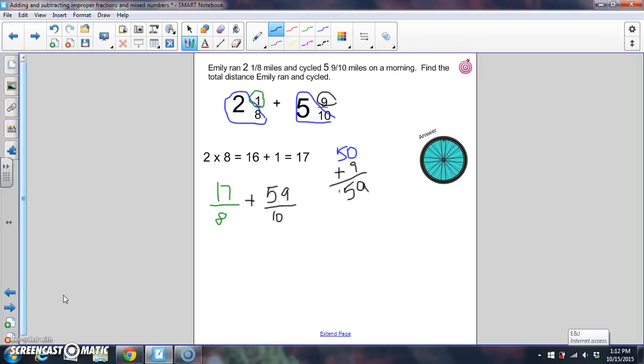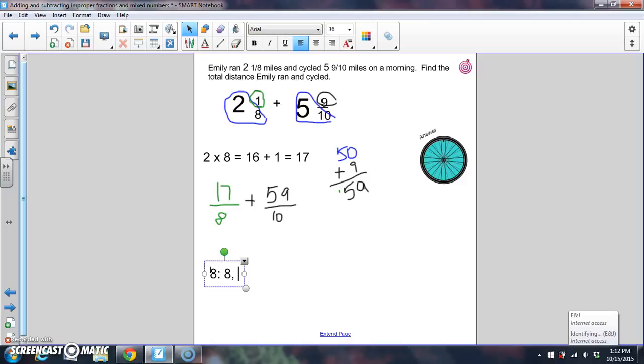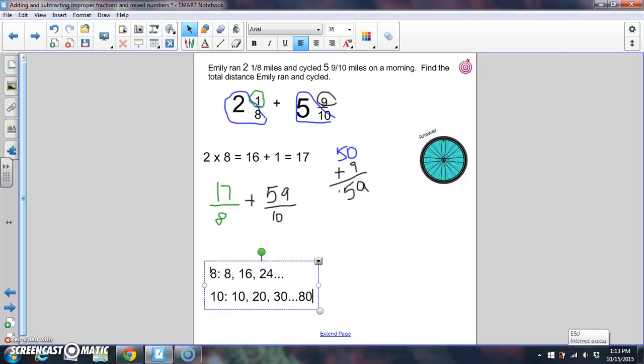Now we need to just add our improper fractions. And again, we're going to think about the multiples of 8. I'll let you finish or continue. Eventually, you would see 80 is a common multiple.